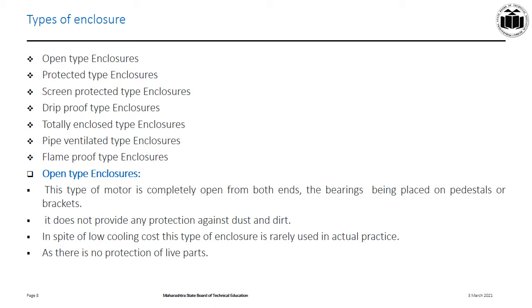Since it is totally open, there is no protection against dust and dirt or any other atmospheric condition. Although it is open, cooling is very fast and cooling cost is also low. This type of enclosure is rarely used in actual practice because there is no protection of the live or the rotating parts of the motor.